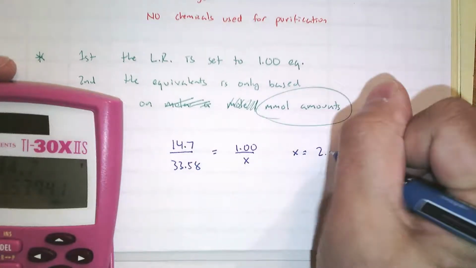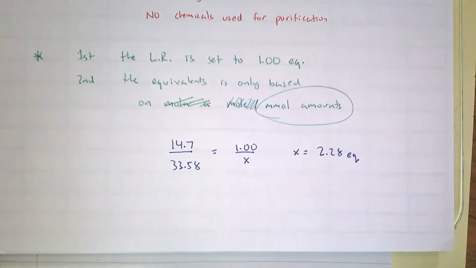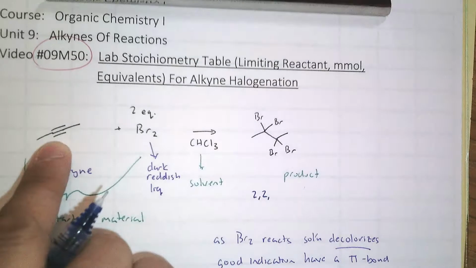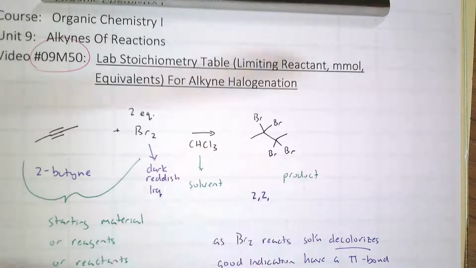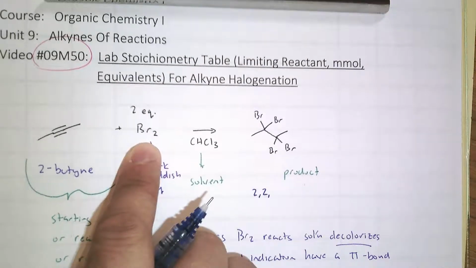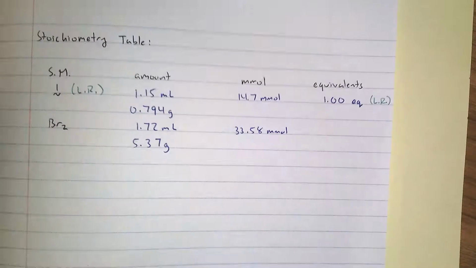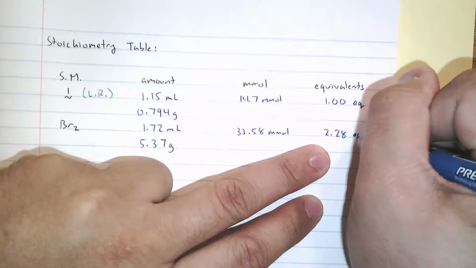X equals 2.28 equivalents. That makes sense because in our reaction, it is a 1 to 2 ratio if everything is perfect. But remember how we said Br2 was in excess? Well, the excess is 0.28 excess. Put that number, 2.28 equivalents.